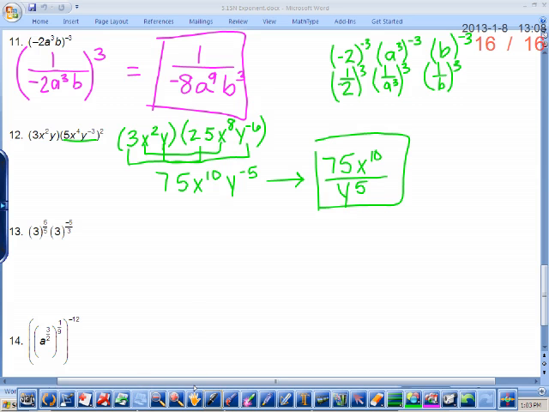Okay, let's look at 13. What's true about our terms in 13? They have the same base. So anytime we multiply two things with the same base, what do we do with the exponents? Add them. So this is going to be 3 to the 6/5 plus -5/3.